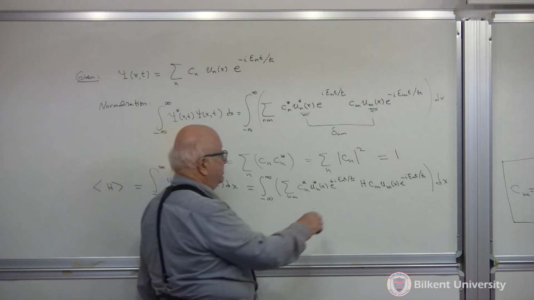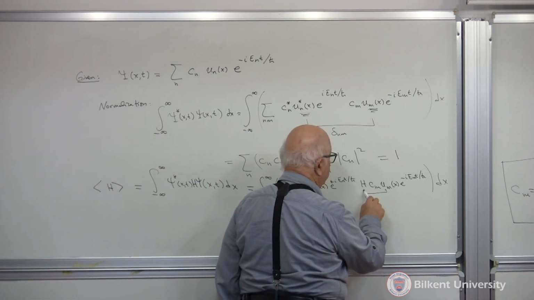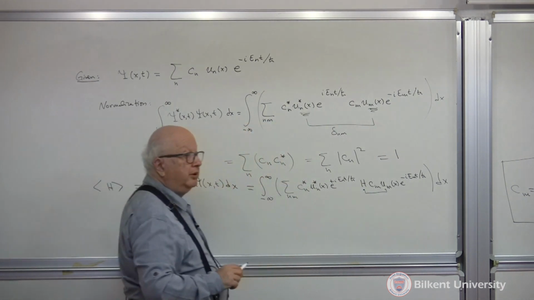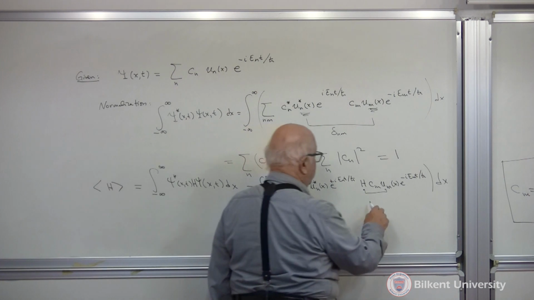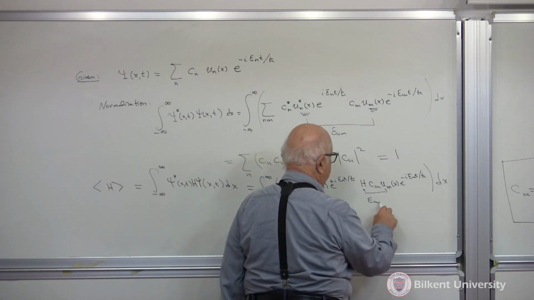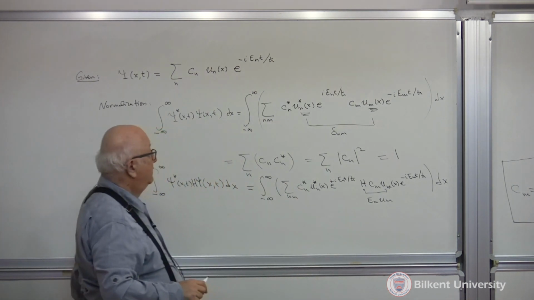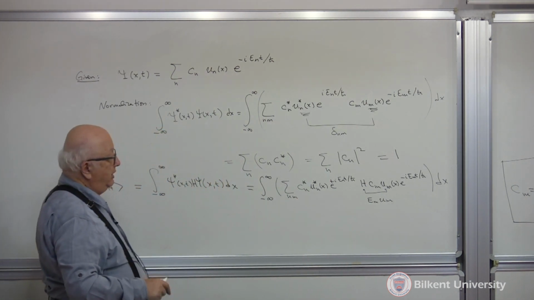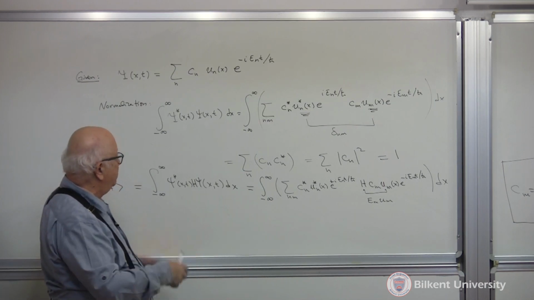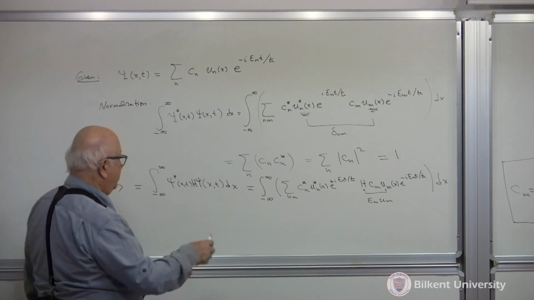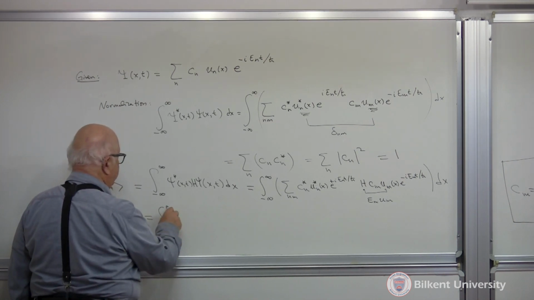C is just a constant, so H is operating on um, and that gives me Em times um. Em is just a constant, so none of those things need to appear in the integral, but let me write it anyway. Let me group terms, minus infinity to infinity.